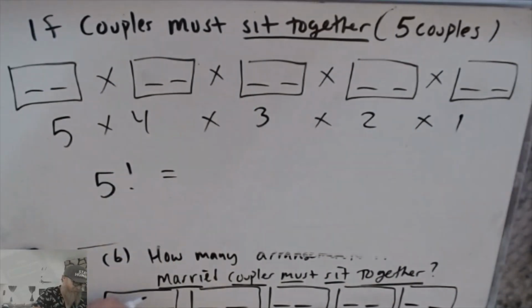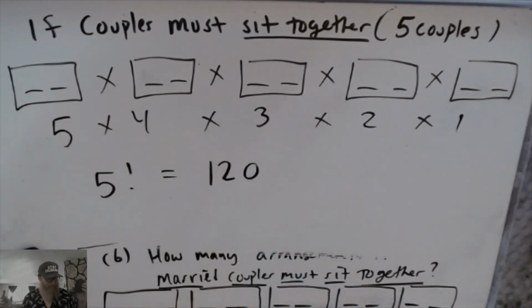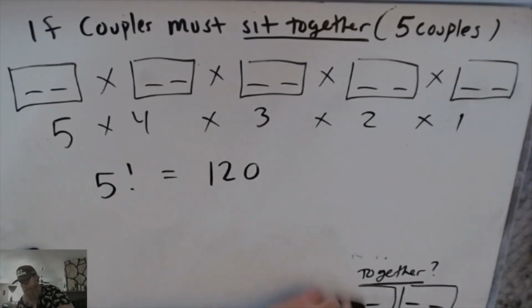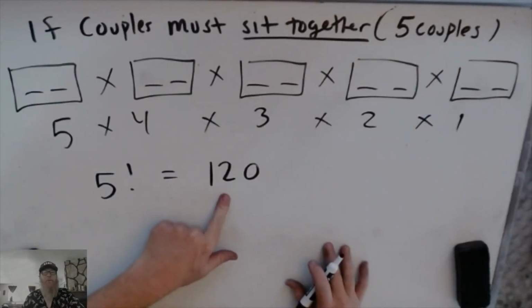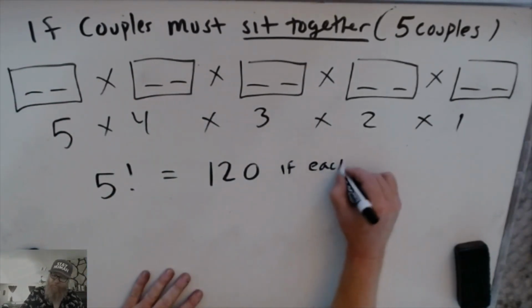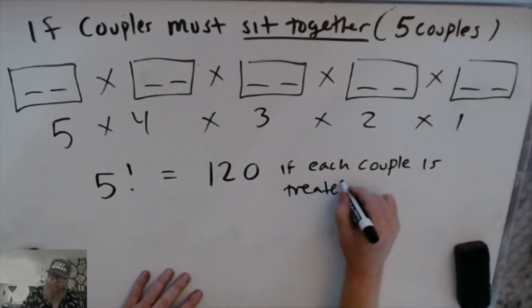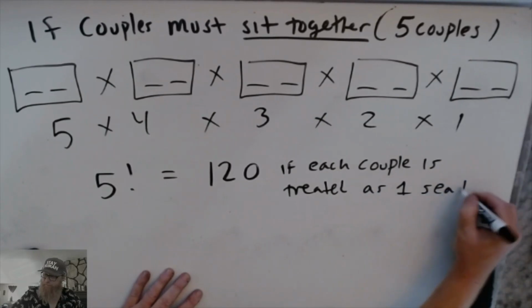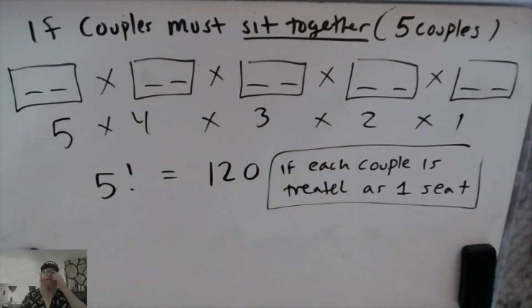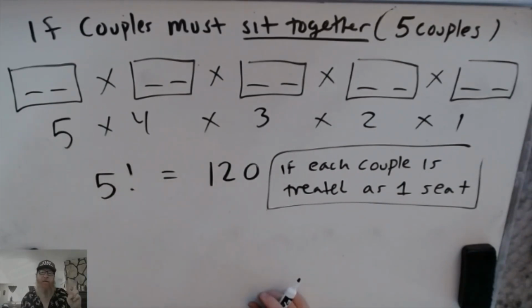You can probably just do that on your calculator. 5 times 4 times 3 times 2 times 1 is 120. 120 possibilities if you think about each couple as treated as one seat. There's only 120 possibilities. Now, however, there's a subtle thing that we have to read into.